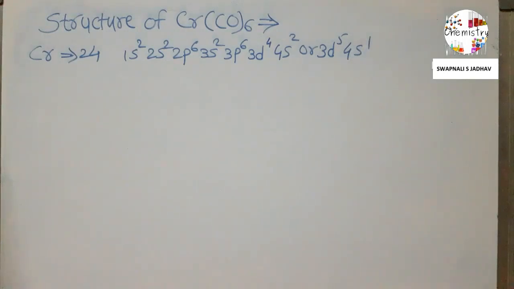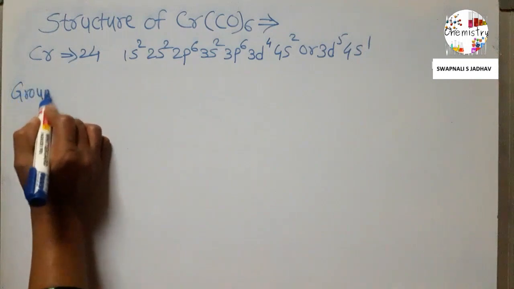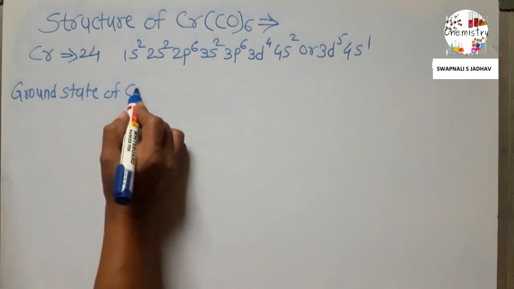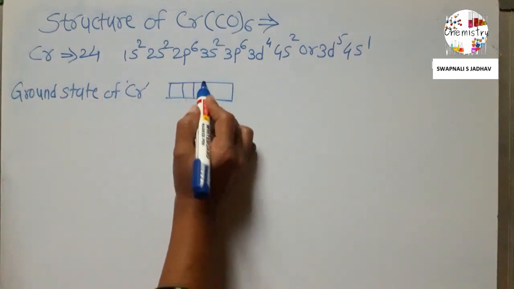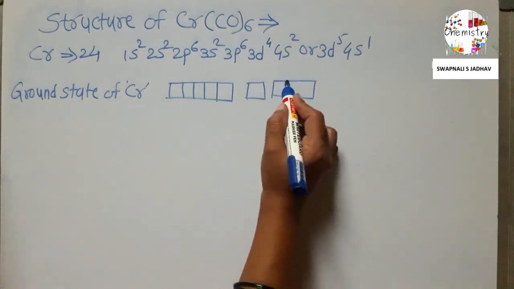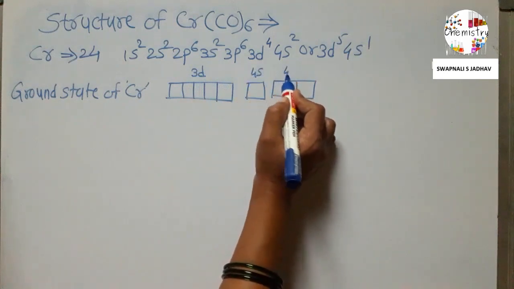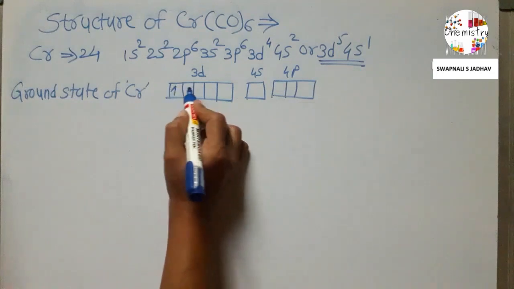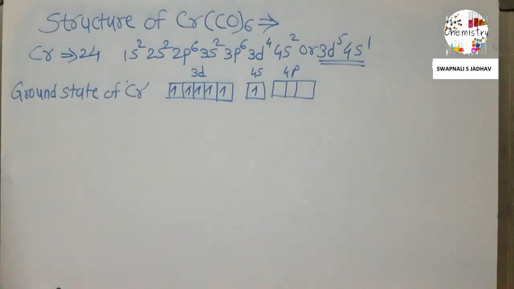Okay, so in the ground state, how can we write it for chromium? 3d, 4s and 4p: 3d5 4s1, 1 2 3 4 5 and 4s1.